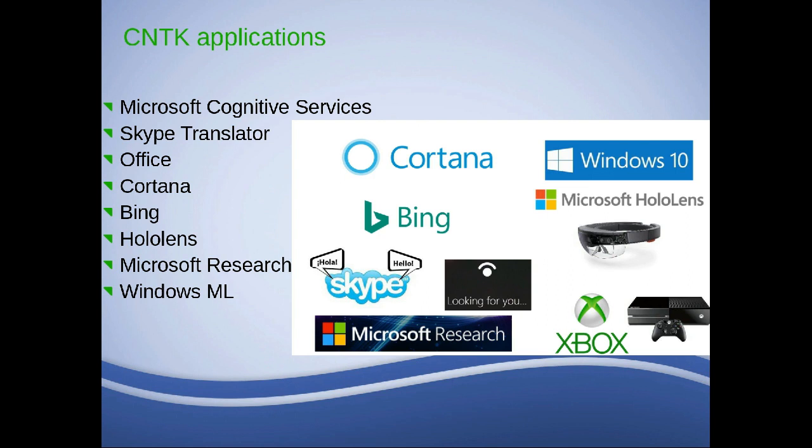Some of the Microsoft apps that use CNTK framework are as follows. 1. Microsoft Cognitive Services. 2. Skype Translator. 3. Office. 4. Cortana. 5. Bing. 6. HoloLens. 7. Microsoft Research. 8. Windows ML.